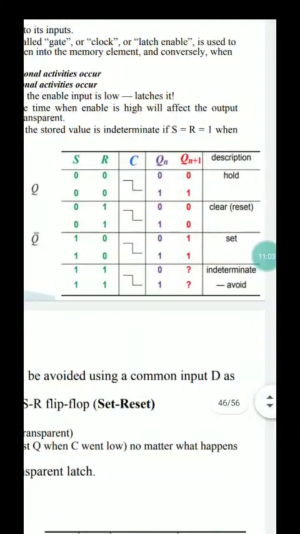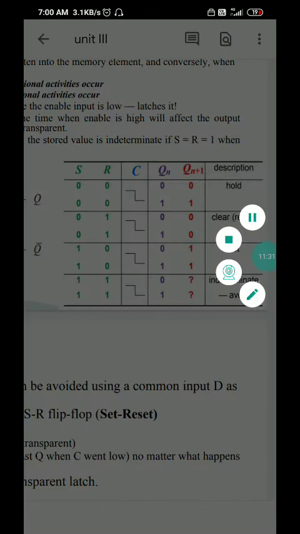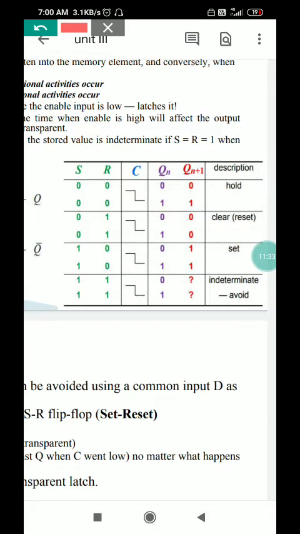Then the third possibility. In the third condition, we have S column 1 and R column 0, and there are different possibilities of Qn. As we know that S stands for set. So for this kind of input, S and R equal to 1 0, the flip-flop has to set. So if you look at this condition, when Qn is 0, it is made 1.